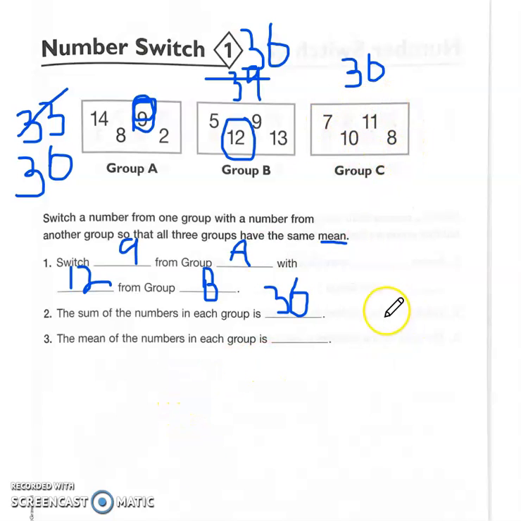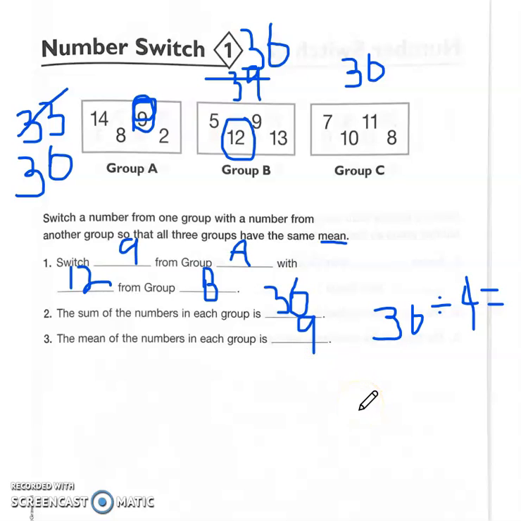So we would do 36 divided by 4. That would be the equation I have to solve to figure that out. My sum is 36. I had 4 numbers in my set, and so that would give me a mean of 9.